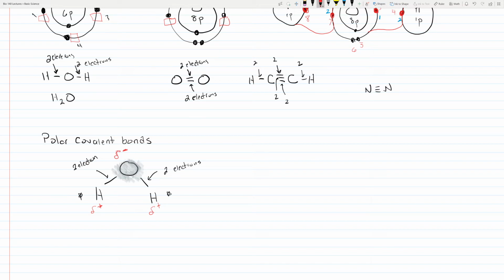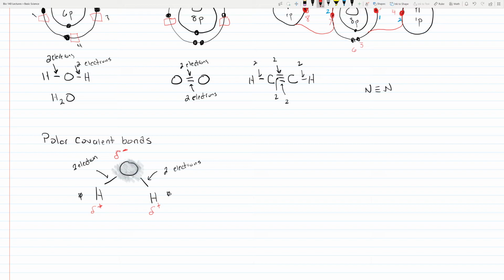So let's say that electrons buzz around the atoms, and in an ideal situation, an electron would buzz around oxygen 5 times and then buzz around hydrogen 5 times. So they'd be equally shared. But in this case, it's more like the electron buzzes around the oxygen 9 times and then goes and buzzes around the hydrogen 1 time. So it spends most of its time around the oxygen itself. Okay, and that's what makes a polar covalent bond.